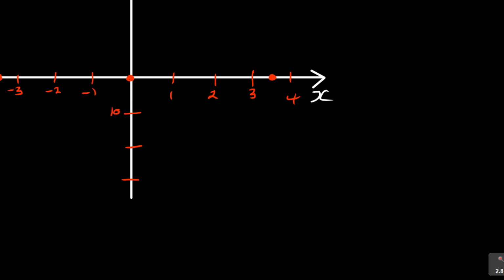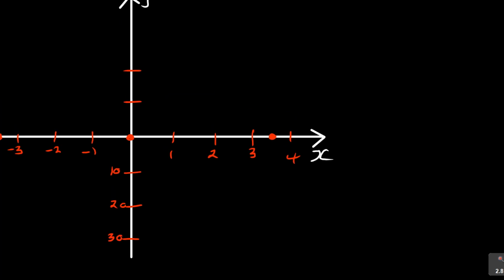You can just do that. 10, this is 20, and this is 30. Do the same thing up: 10, 20, and 30. It's not really necessary to what I'm doing now, but just to have a feel that it is more accurate. So when x is 2, y is 32.